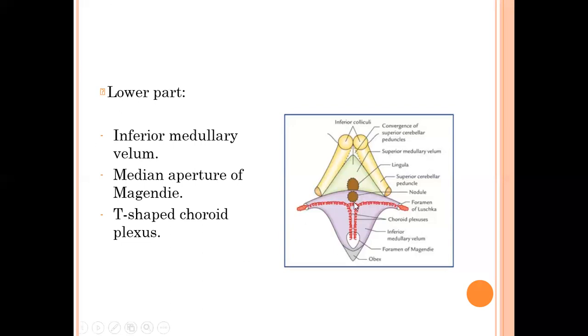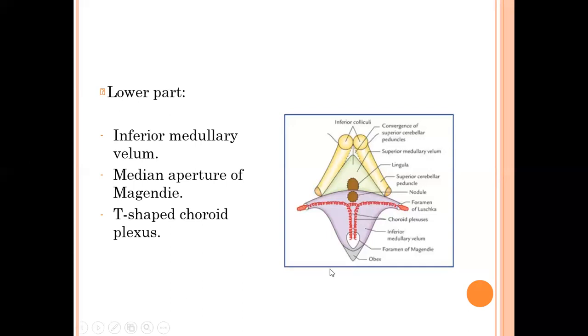What about the choroid plexus of the fourth ventricle? The capillary plexus of the blood vessels between the two layers of the tela choroidea forms a rich vascular fringe which projects through the lower part of the roof of the fourth ventricle to form the choroid plexus.